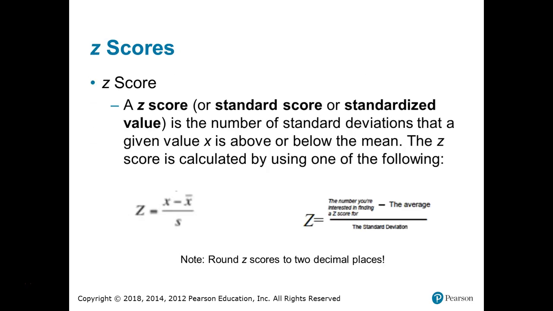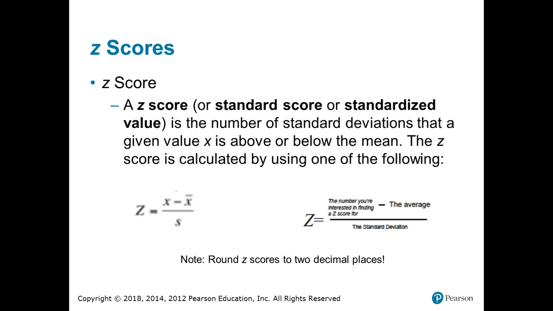Without further ado, a z-score is a standardized value. It's a way that we take any data value, once we know the mean and the standard deviation, and figure out how far it is from the mean. It's how many standard deviations a given x value is above or below the mean.